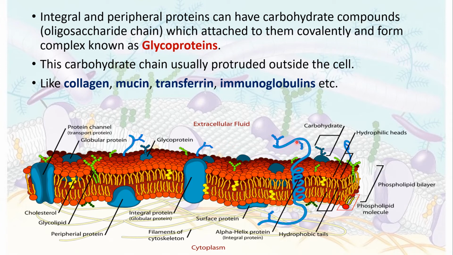Most of the oligosaccharide chains protrude outside the cell in the extracellular fluid. Examples include collagen, which is a structural protein, mucin, which produces lubricants, transferrin, which is a transport protein, and immunoglobulins or our antibodies.